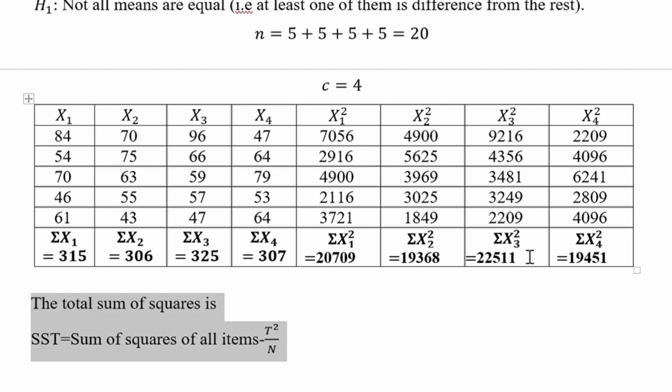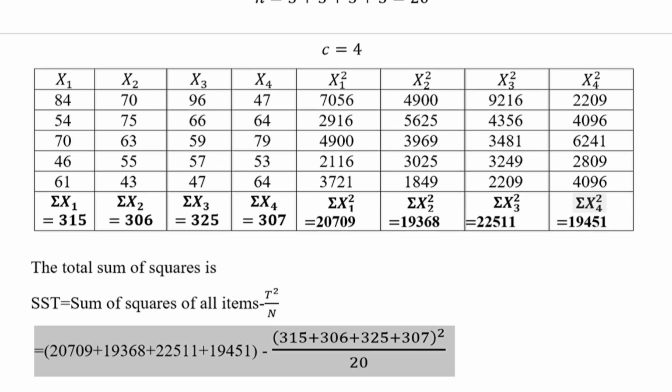We shall say our SST is given by the sum of squares of all items, the total of squares of all items, minus the grand total, which you should square, divided by the sample size. So what we are calling sum of squares of all items means the sum of these ones here, the sum of these ones here. So that's what we have.